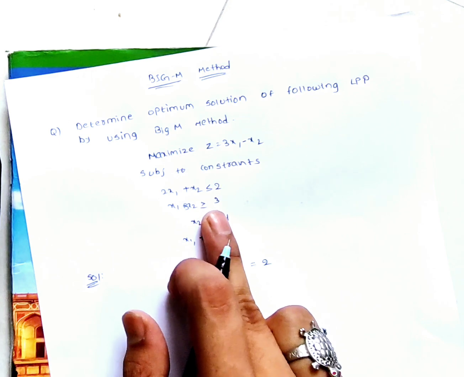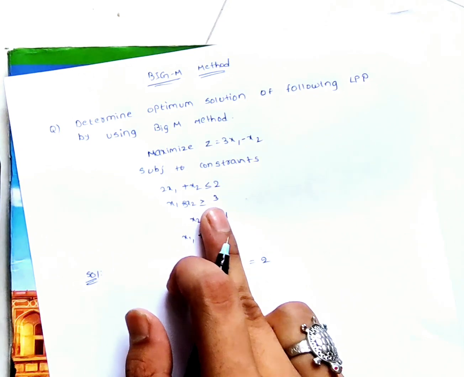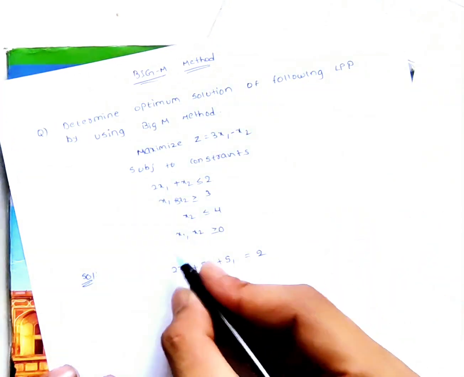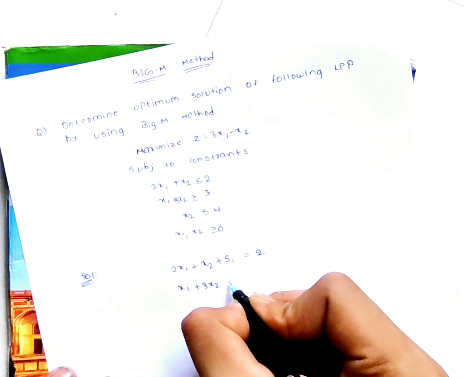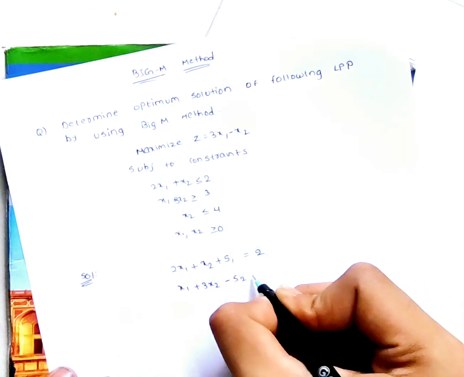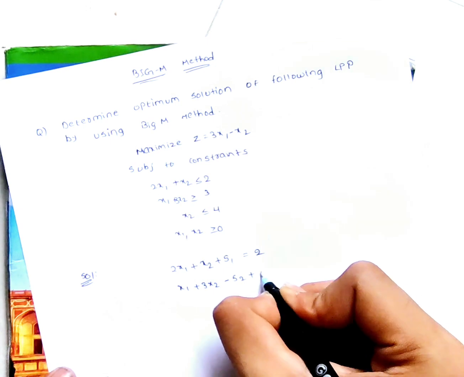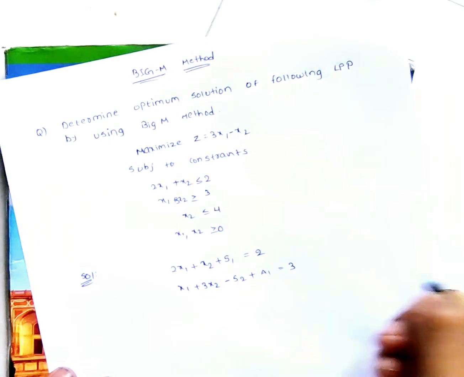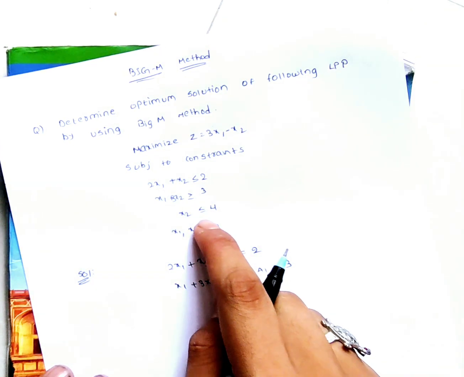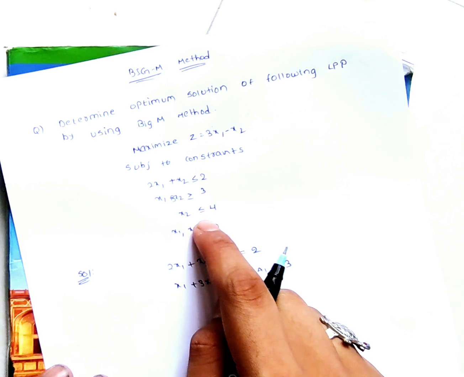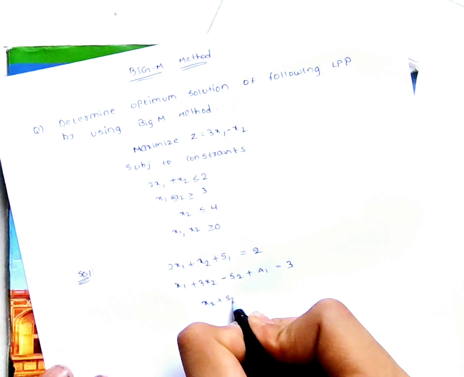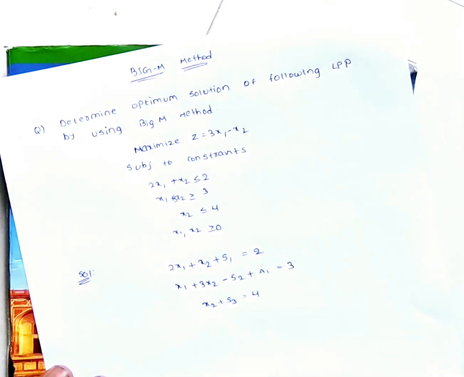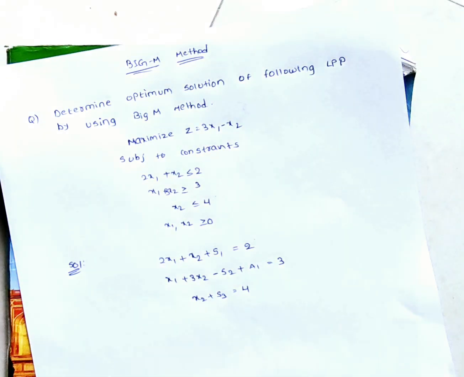Here we have to subtract a slack and add an artificial variable, so x1 plus 3x2 minus s2 plus a1 is equal to 3. And the last one is less than or equal to, so we add a slack: x2 plus s3 is equal to 4.